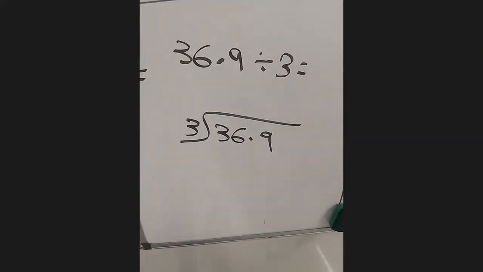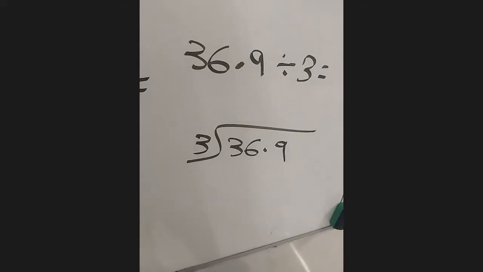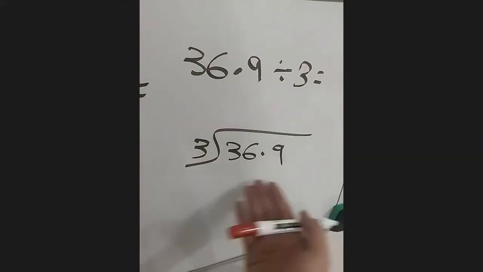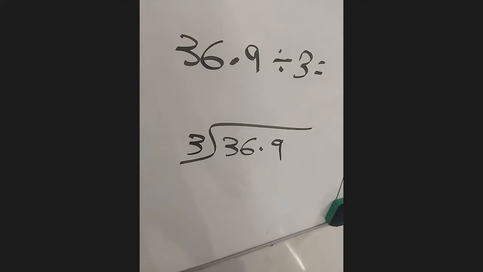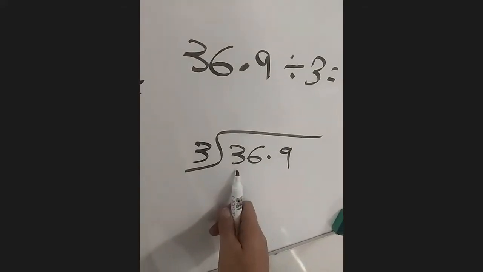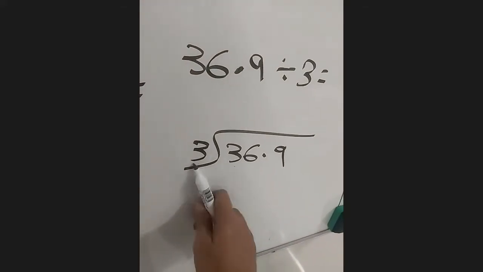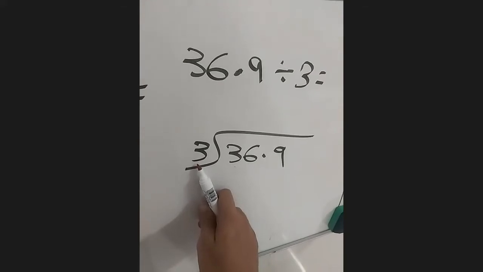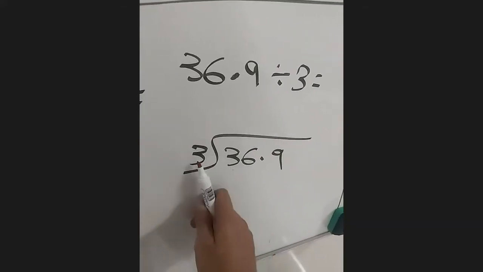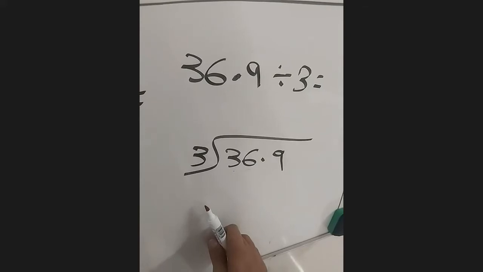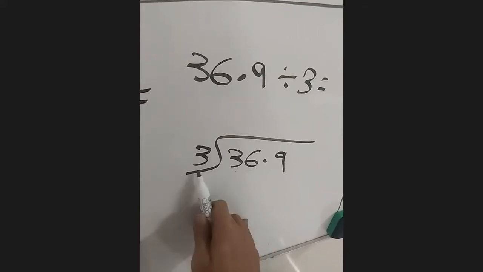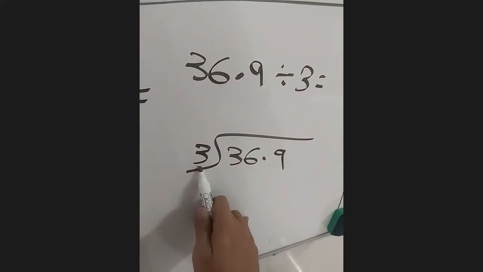First 33 with 3. There is no 33 here. 36. We start with a 3. We can use the 3 with a 3 because the 3 is equal to 3, not less. If this number is less than the divisor, we take 2 numbers, right? 3 divided by 3, how much?